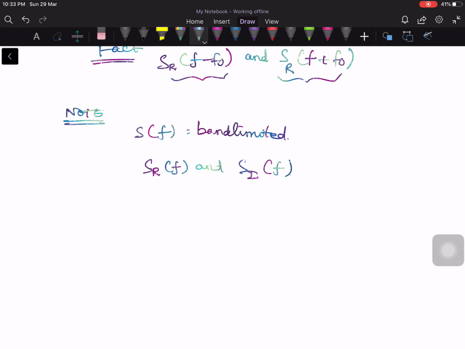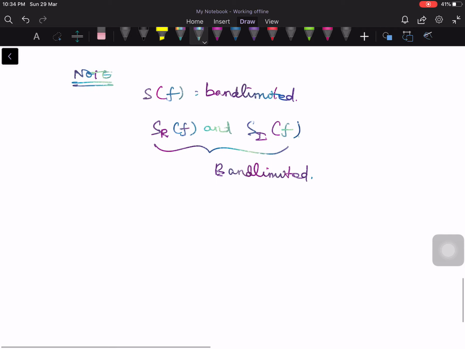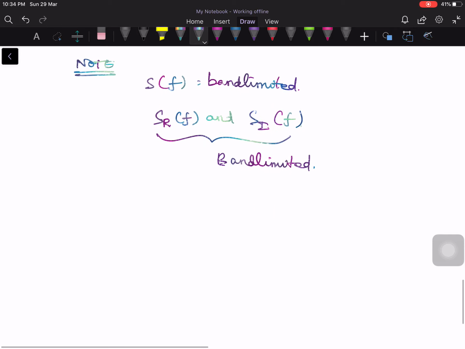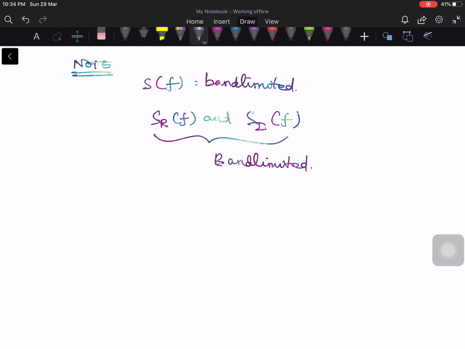Are they band limited? Yes, of course. So these two are also band limited. Since S_R and S_I have a rectangular envelope, in the sense that it is gated by a rectangular function and has strictly finite duration, the corresponding spectrum is strictly a sinc function.